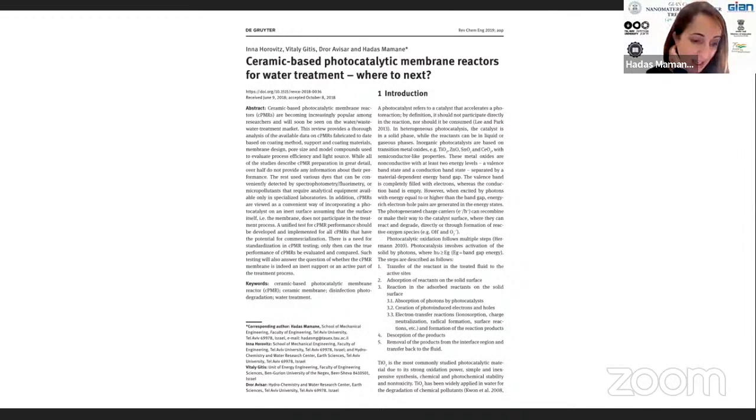I would like to introduce a paper that we published on ceramic-based photocatalytic membrane reactors for water treatment. Where to next? The idea of publishing this paper is that we scanned the entire literature because we wanted to know what would be the next step, because there are many papers that publish different types of photocatalysts.